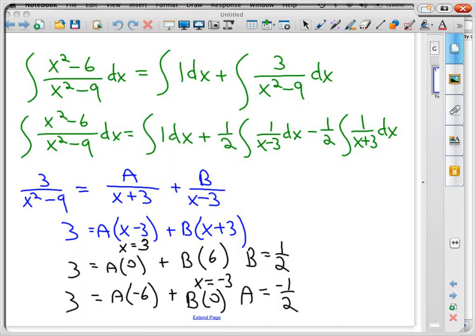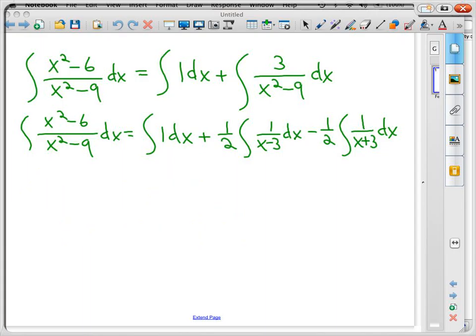I'm going to erase the work I did to find my numerators for the partial fractions, and we'll just get this finished off now.